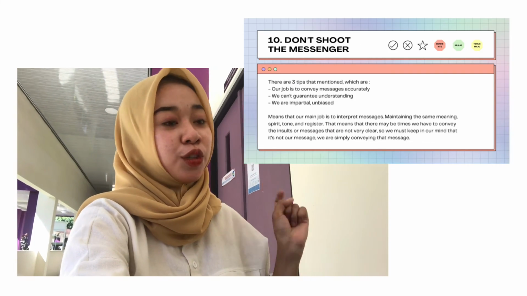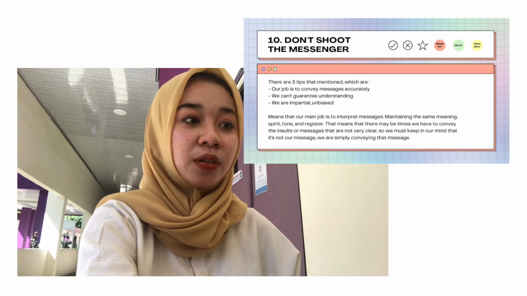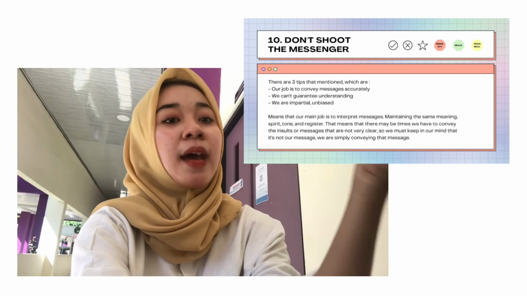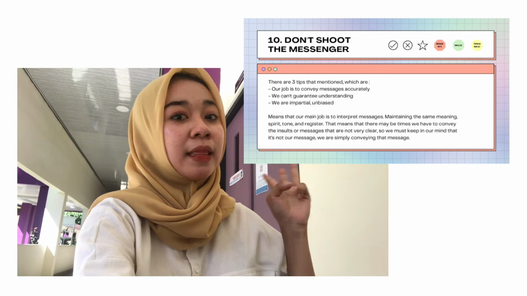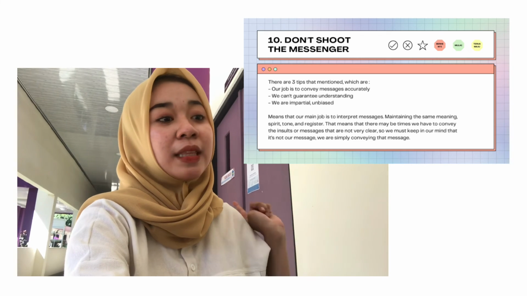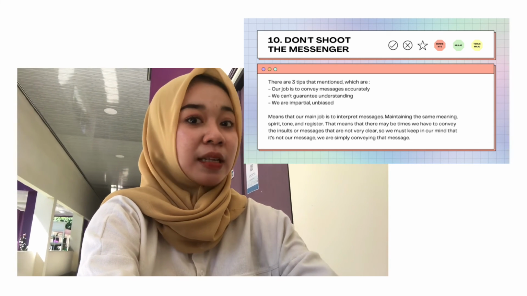And the last tip is don't shoot the messenger. So there are 3 tips mentioned, which are: the first one is our job is to convey messages accurately, and then number 2 is we can't guarantee understanding, and the last is we are impartial and unbiased. So this means that our main job is to interpret messages.